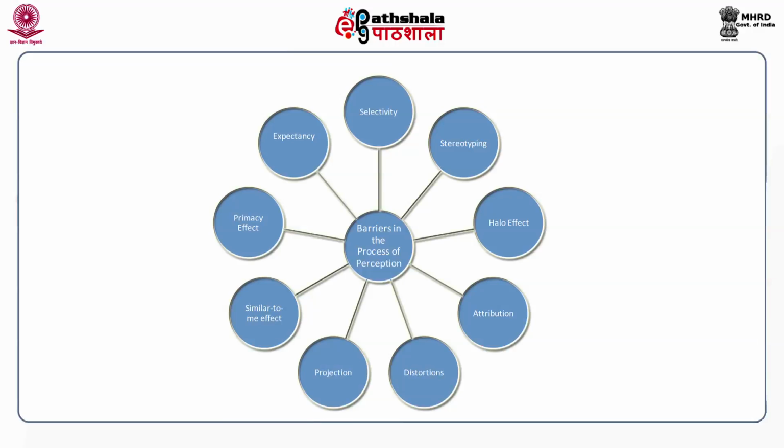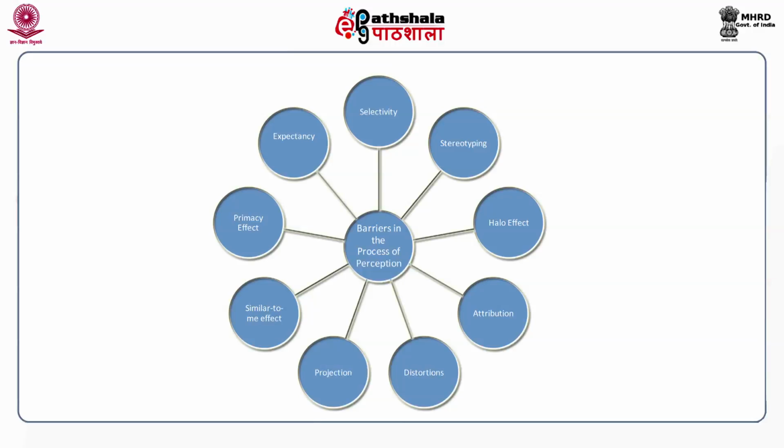Number 1, selectivity. Under the process of perception, it has been noted that it is a selective process. In the environment, there are various stimuli. These can be in any form. An individual can only get attracted to a few stimuli, not towards all.